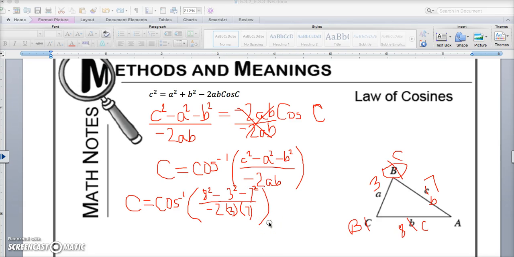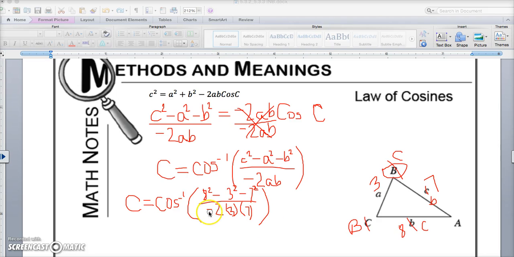And then again, I'm going to use the fraction bar. I'm going to put in inverse cosine, alpha y equals to get the fraction. On the top, I'm going to put 8 squared minus 3 squared minus 7 squared. And on the bottom, I'm going to put negative 2 times 3 times 7. Enter.